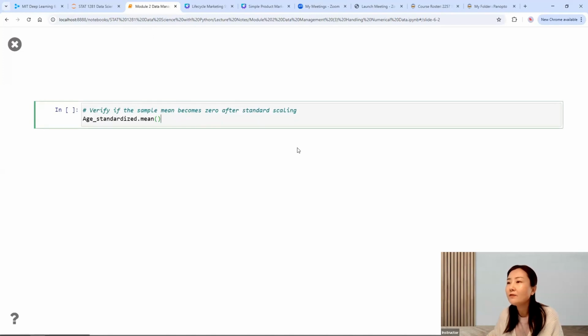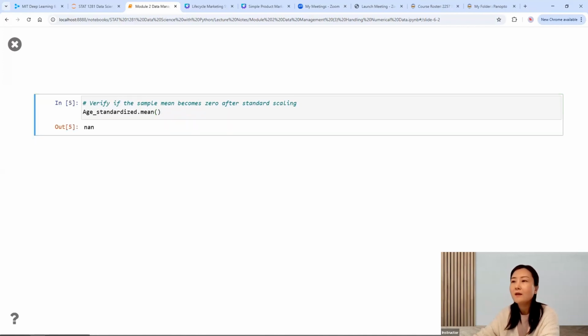Then let's test if the mean of the transformed, standardized data is indeed 0. If we just directly apply the mean function, you will get a missing value. That's because, remember, age has a lot of missing values, and after you transform the data there are still a lot of missing values.